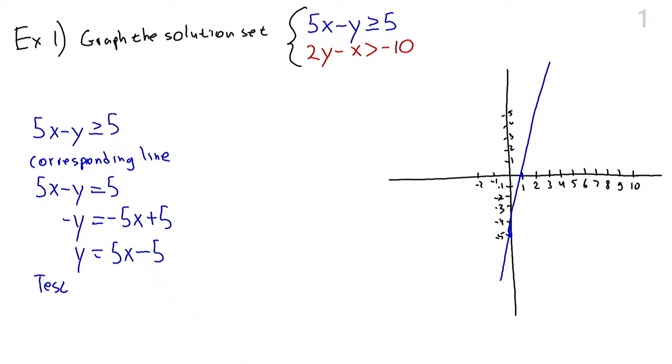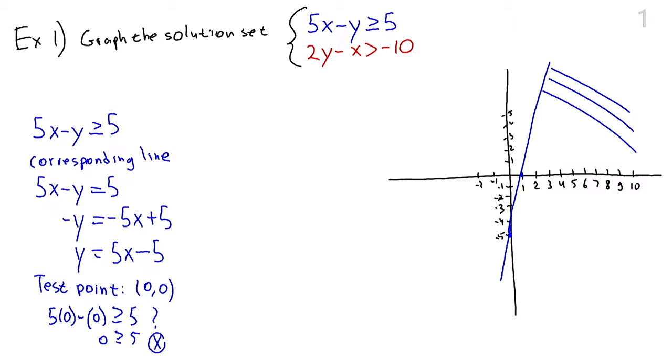Our test point could be the origin because it's not on the line. Our test point is (0, 0), and we plug it in and ask ourselves, is this true? Is 0 greater or equal to 5? And the answer is no, that is false. So we shade the side of the plane that does not have the test point.